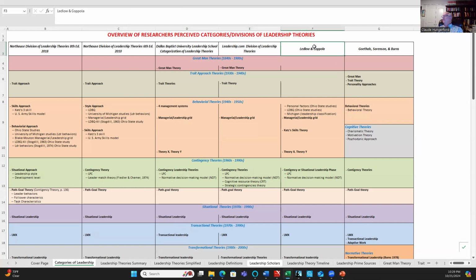There's another group of folks, Ledlow and Pella, that categorize leadership under different types of theories and methods. And then probably the most comprehensive is a group of authors, Goethals, Sorenson, and Burns, that have done some of the greatest work on leadership. And so these are just going to be some of the different leadership theories and how they look at that.